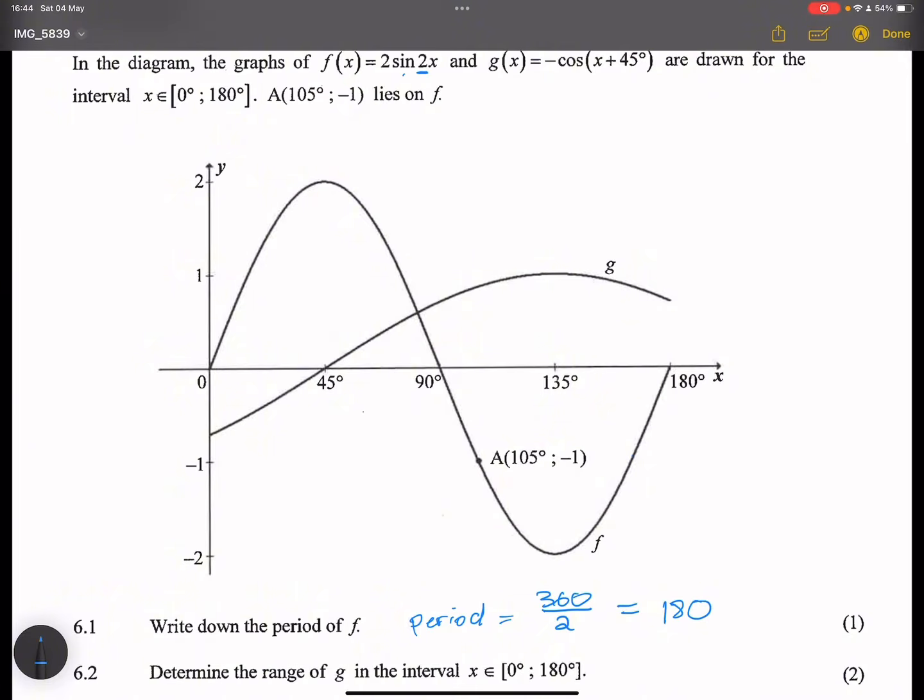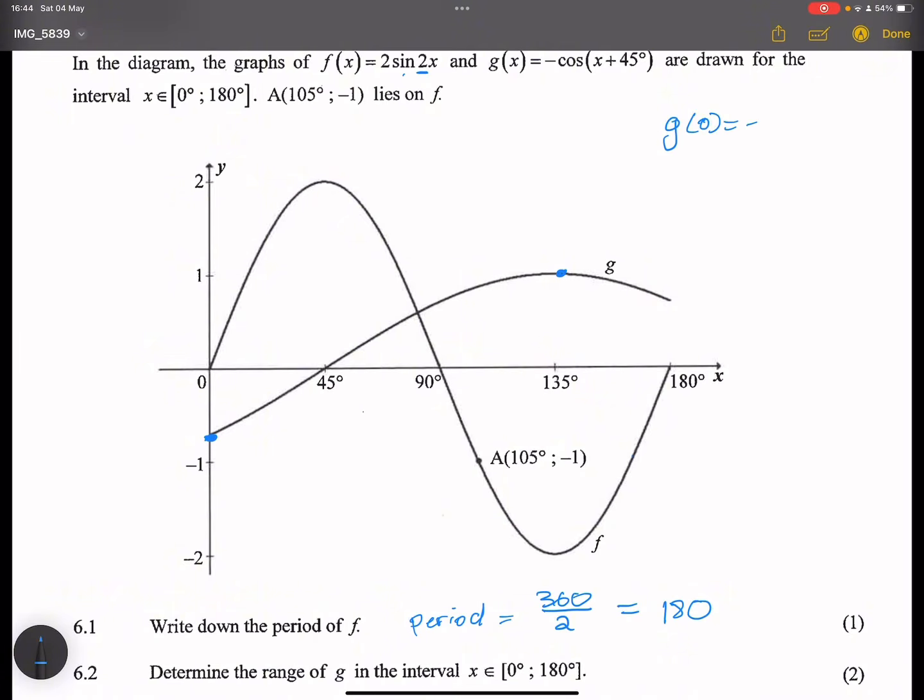All right, and they say to us, determine the range of g in the interval 0 to 180. Now note in this case, when we look at the graph of g, it starts over there, and the maximum value looks like 1. But to find the value at 0, that's the minimum value, I'm simply going to take g at 0.